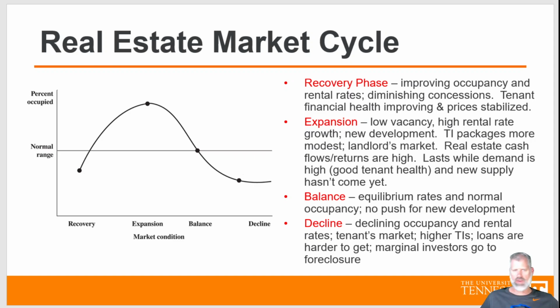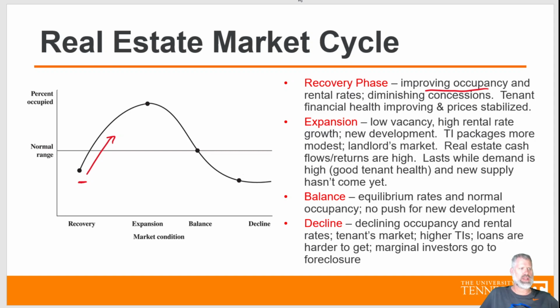So we'll just start over here on the left and take a look at this point. As we travel along the cycle, we would be in the recovery phase. Up here at the top, you can see that would be consistent with improving occupancy, right? We could look at occupancy rates in the market, and they would be trending in a positive direction.